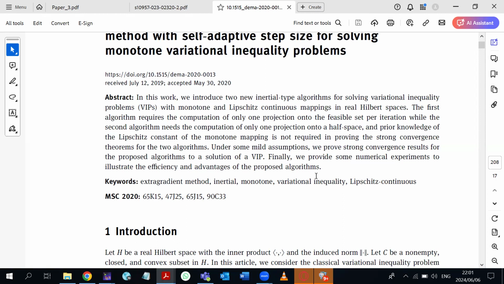They said the first algorithm requires the computation of only one projection onto the feasible sets per iteration. So that only describes whether it is gradient projected method. That is where you can find only one projection. And another method is the same extragradient method that you should have read.